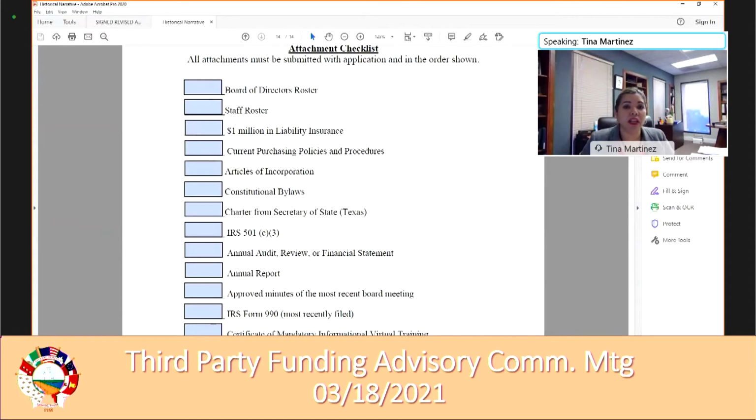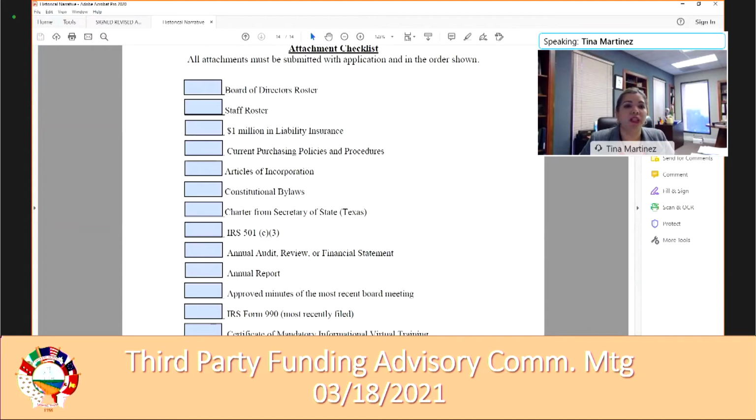There'll be a staff roster, because we want to make sure that there's capacity to do what they're saying they're going to do for our community. They'll have to show proof of liability insurance. They'll have to show us their policies and procedures, because although we're giving them money to possibly be buying something, they need to follow the same procurement that any city funding would still be required to follow by state law.